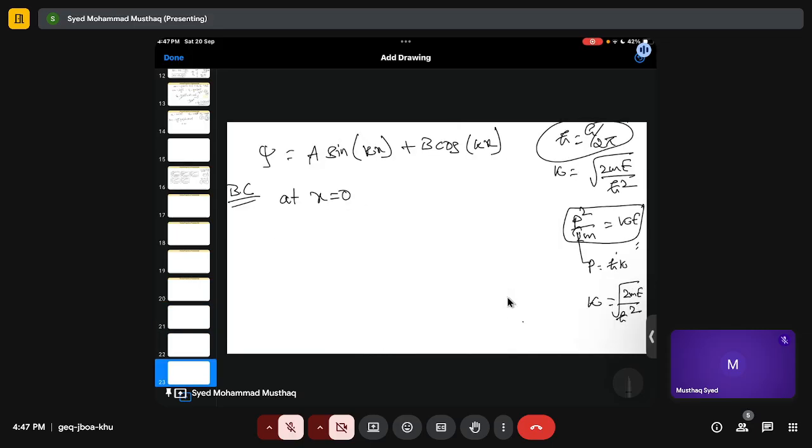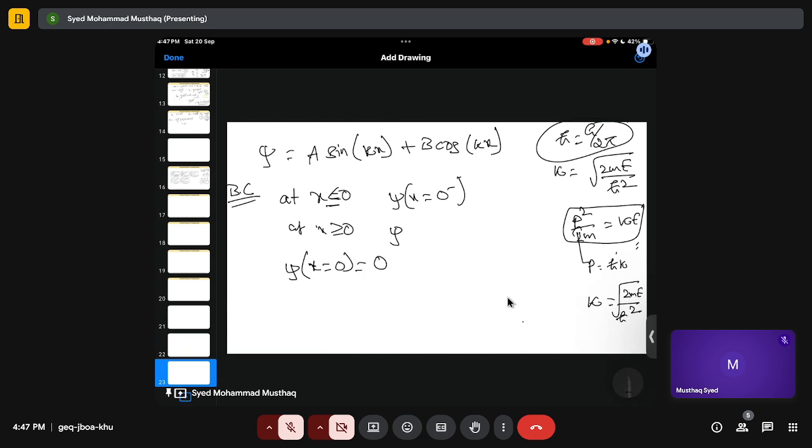For simplicity, at x equals 0, psi of x is tending to 0, and at x greater than or equal to 0, psi... because at x equal to 0, psi of x will be 0.